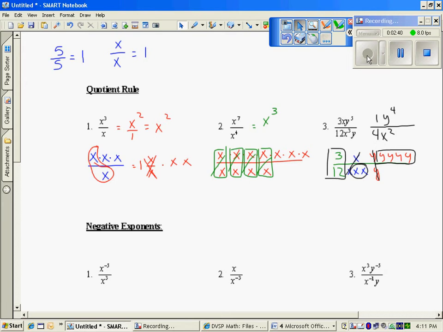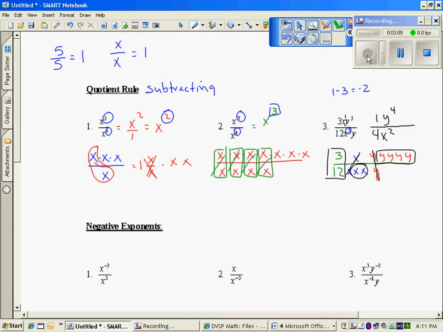When I look at these exponents, what am I doing every time? I am subtracting. Three minus 1 is 2. 7 minus 4 is 3. 1 minus 3 is a negative 2, and we'll be doing that rule coming up next.